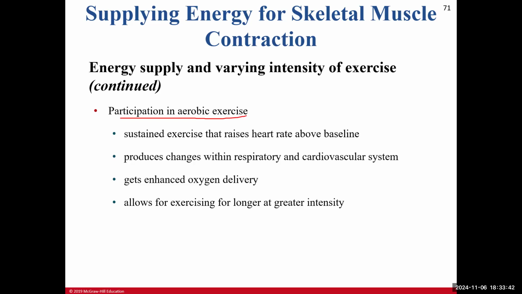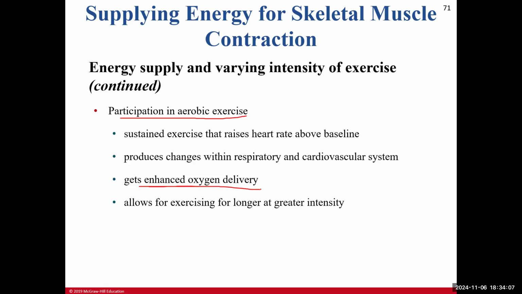And so we're going to deliver those additional molecules to those tissues so we can sustain, hopefully, that aerobic cellular respiration there. So all of that so we can enhance that oxygen delivery. And by doing that, you can exercise longer and possibly exercise harder.